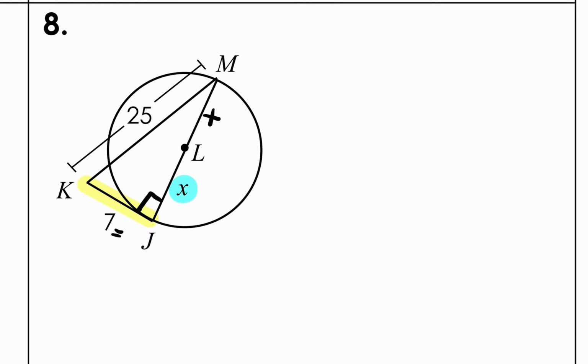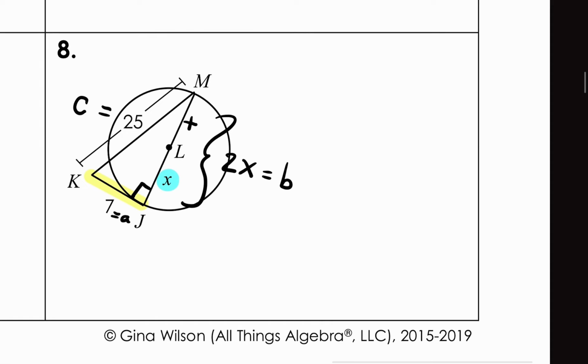So now I know that the smaller leg is A. The longer leg is B. And the hypotenuse is C. So we're doing 7 squared, B is 2x.